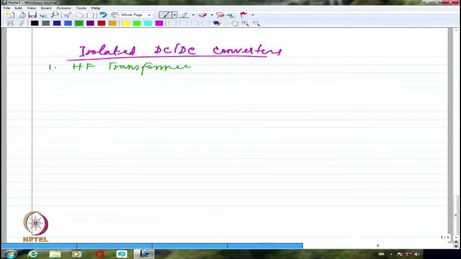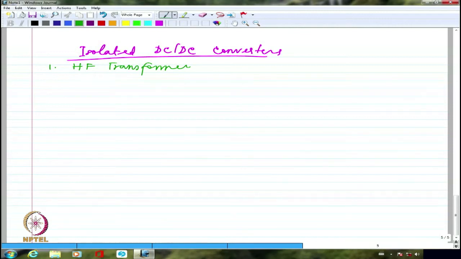So the power ground and the ground of the electronics, we would not like to connect together. Unless we have a transformer in between, we will not be able to provide isolation between the ground of the power side and the ground of the electronic side. So that is one reason why most switch mode power supplies will use a transformer.